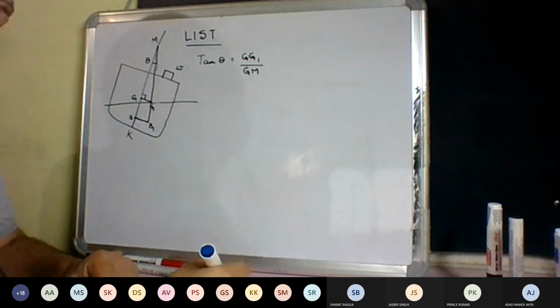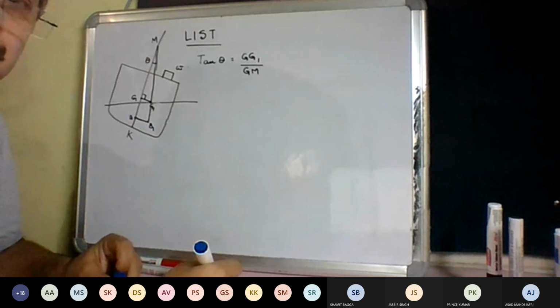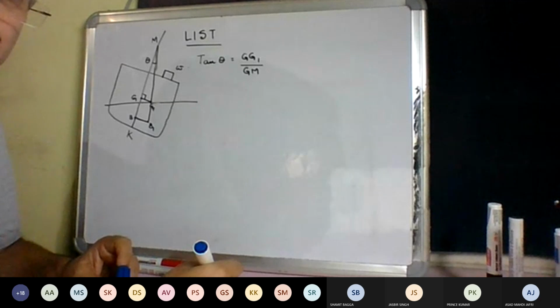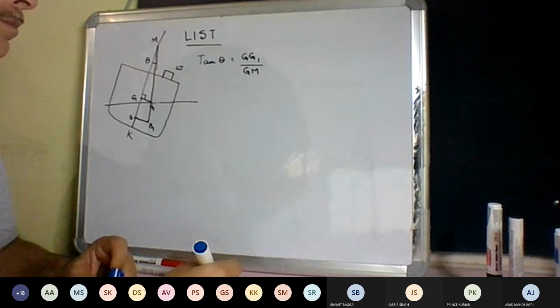So that becomes GG1. Mind you, GG1 is parallel to BB1, because the two are so close to each other.